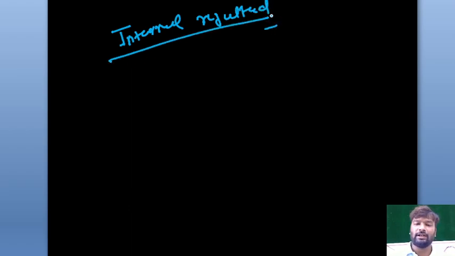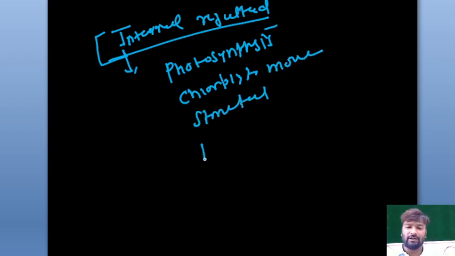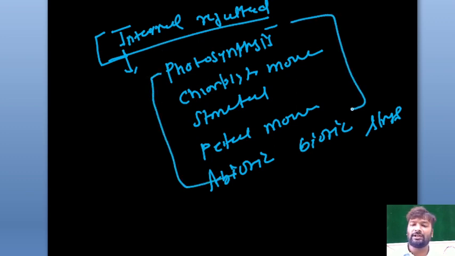In the circadian rhythms, we come to know that the circadian rhythms are internally regulated, and they regulate some important processes like photosynthesis, your chloroplast movement, stomatal movement, your petal movement, abiotic and biotic stresses, and there are a number of processes which are regulated by these circadian rhythms. Also metabolism.